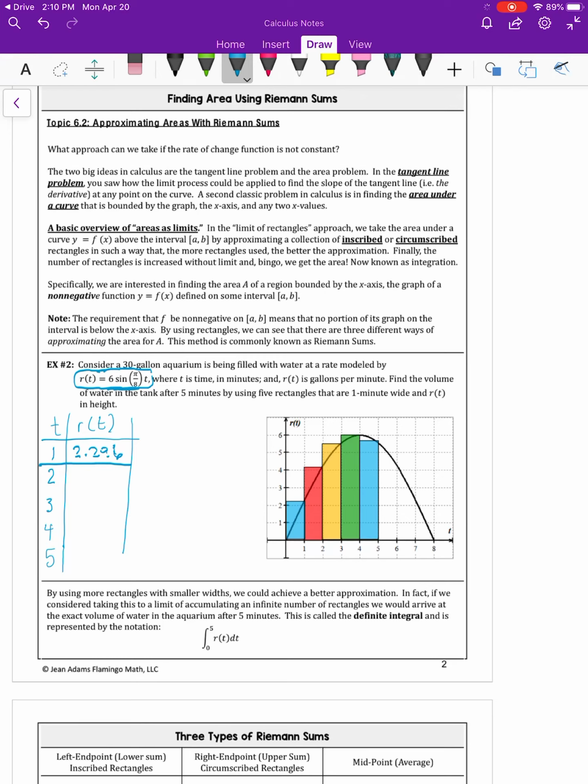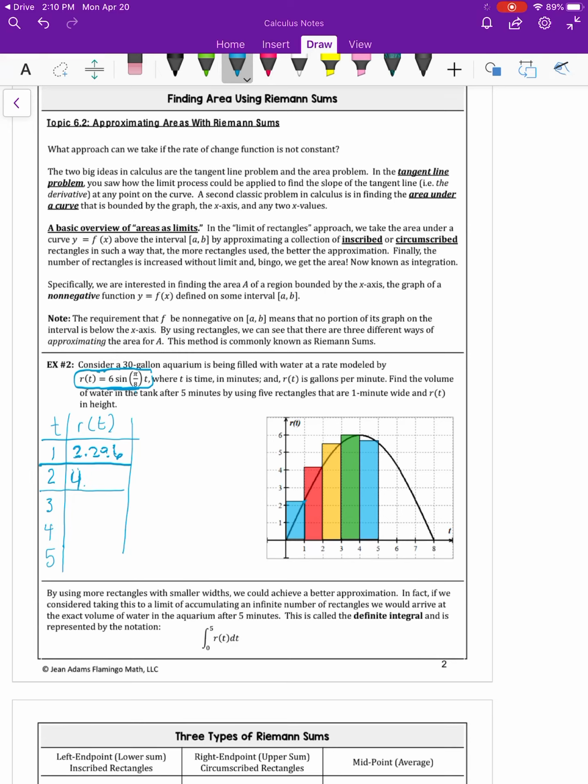We're going to take 6 times the sine of pi over 8 for t equals 1, and we're going to get 2.296. And at 1, it should look like about 2.296, and I do see that.